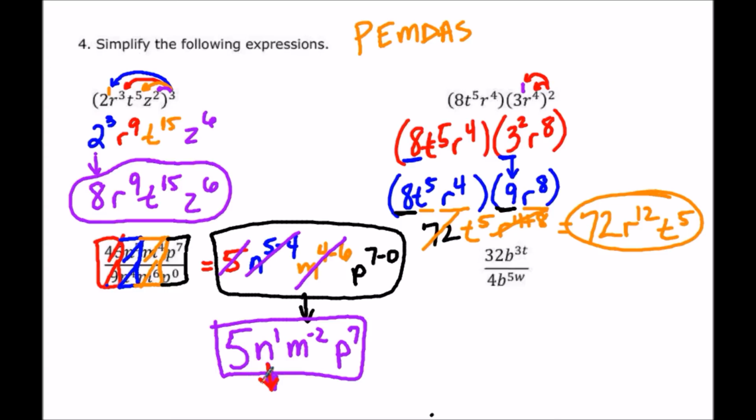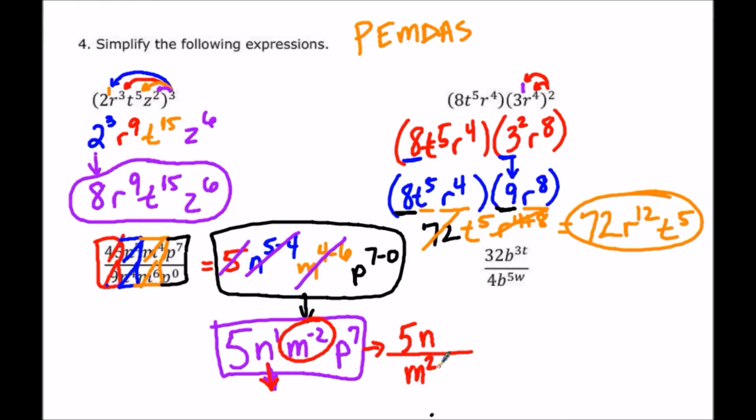So what's this going to end up being? Well, nothing happens to the 5. Let me back this up so you can see it a little bit better. So 5, n. Now this is a special case because when we have negative exponents, we taught you if it's in the denominator, it goes in the numerator. If it's in the numerator, it goes in the denominator. So in this case, it's in the numerator, so it's going to go to the denominator.